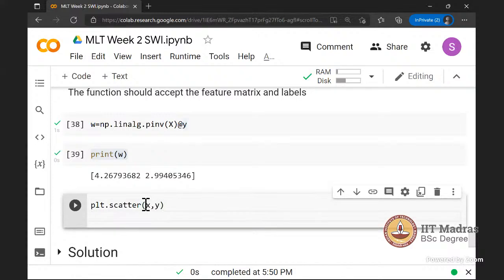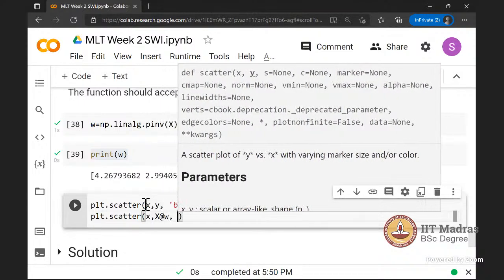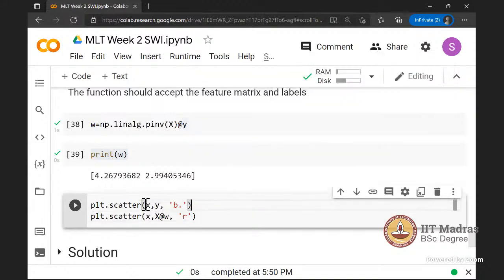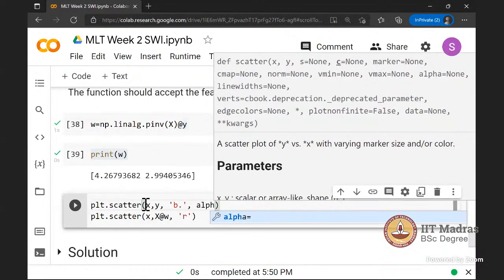So this will be our blue data, y, and x comma x at the rate w with red points. You can also change its transparency.